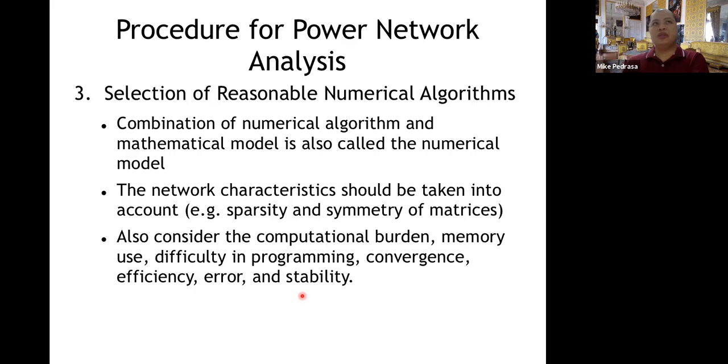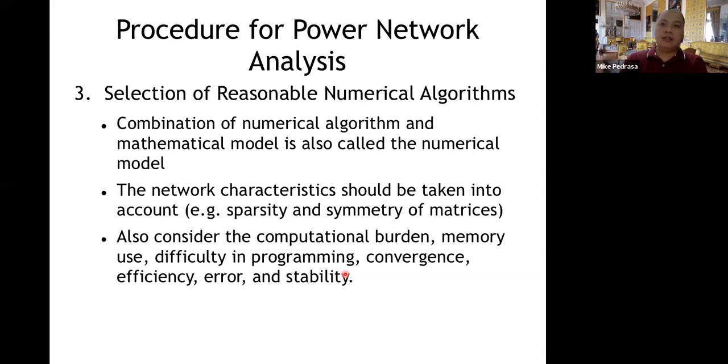Dito napapasok whether you're going to use a closed form solution, solve the differential equation kahit anong mangyari, or use a numerical algorithm like the Newton-Raphson method, Jacobi method, or the Gauss-Seidel method, etc. When we choose the algorithm, the network characteristics should be taken into account, and we also have to consider the computational burden, memory use, difficulty in programming, convergence, efficiency, error, and stability.